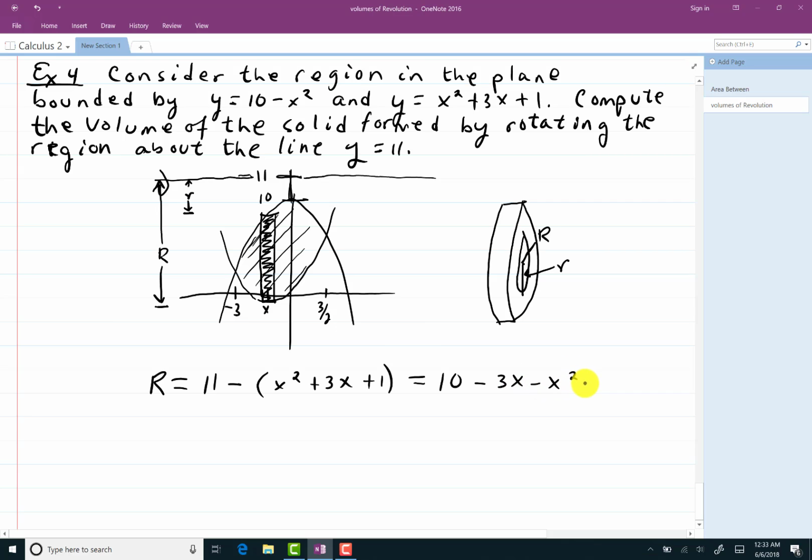I have this penchant for wanting to go in some order from lowest to highest or highest to lowest powers. Then the other one, the little r, was 11 minus the height of this curve, that was 10 minus x squared. So 11 minus 10 minus x squared, and that equals 1 plus x squared.